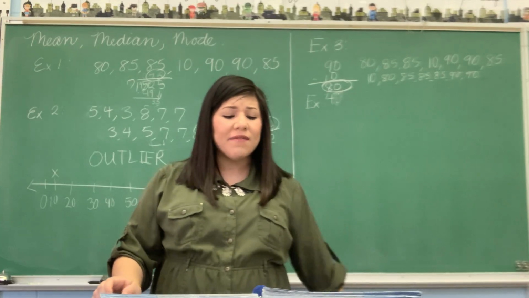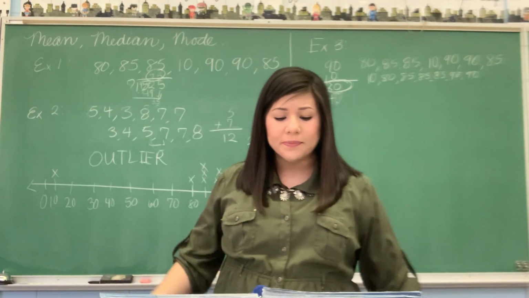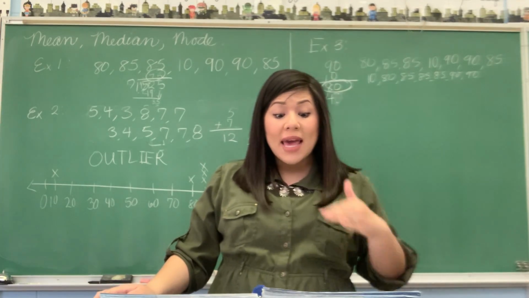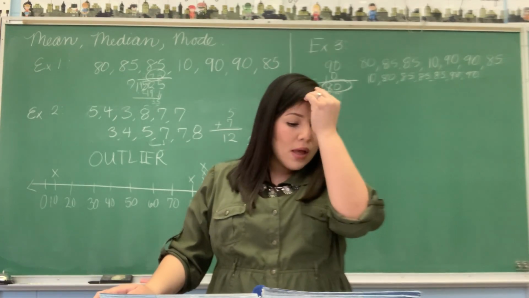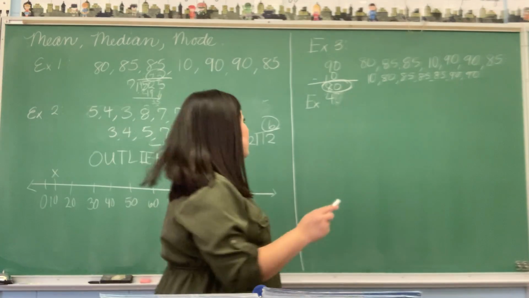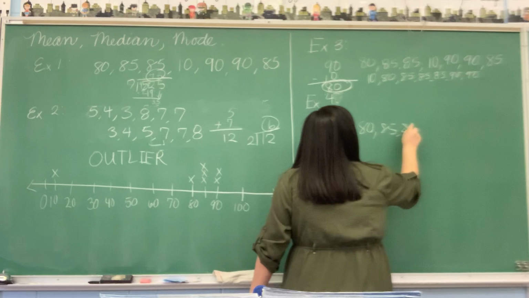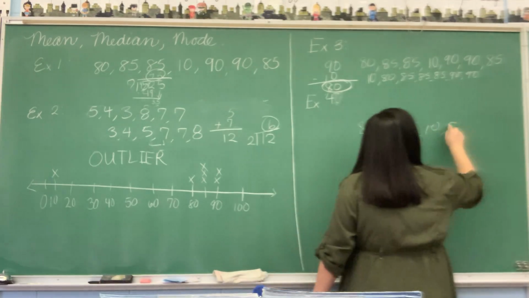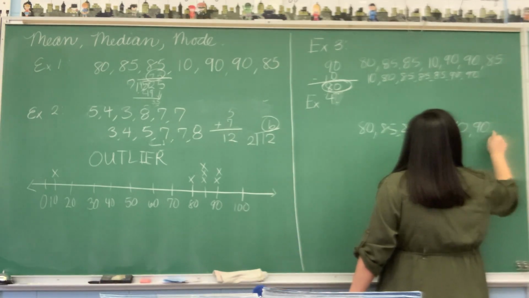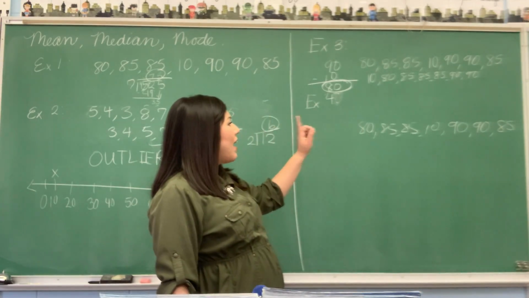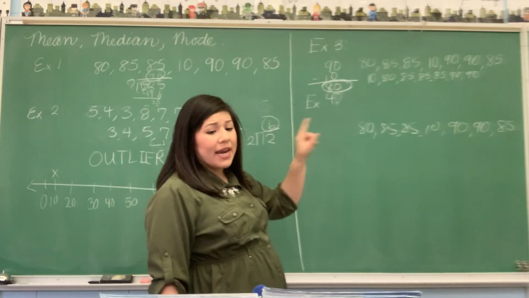Last one here, the mode. The mode of a set of numbers is the number that occurs most often. So let me write all these numbers down again, the same set that we've gone over in 4 examples here. We have 80, 85, 85, 10, 90, 90, and 85.